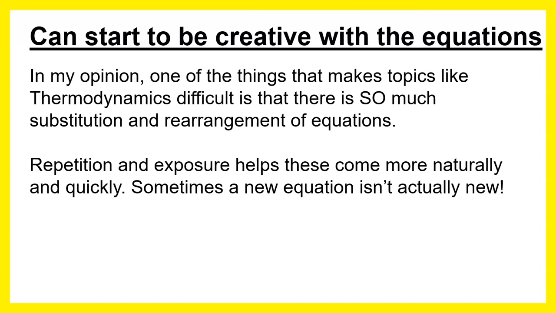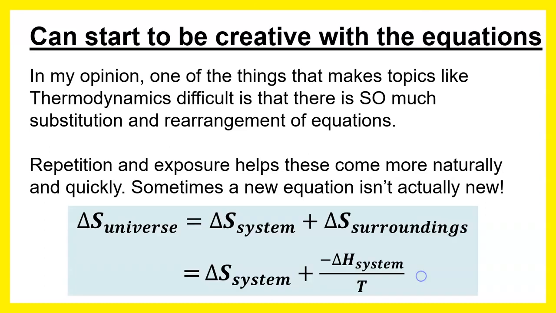So sometimes what might look like a new equation to you is not new. So for example, we learned that delta S of the universe is the system plus surroundings. This equation down here is nothing different. It's the same thing.